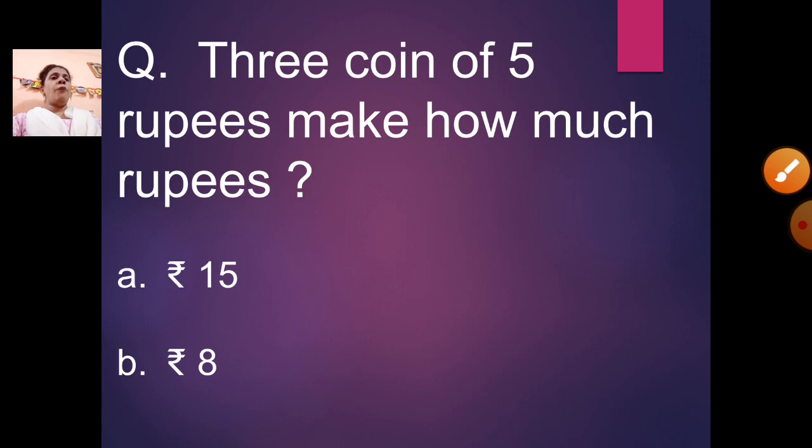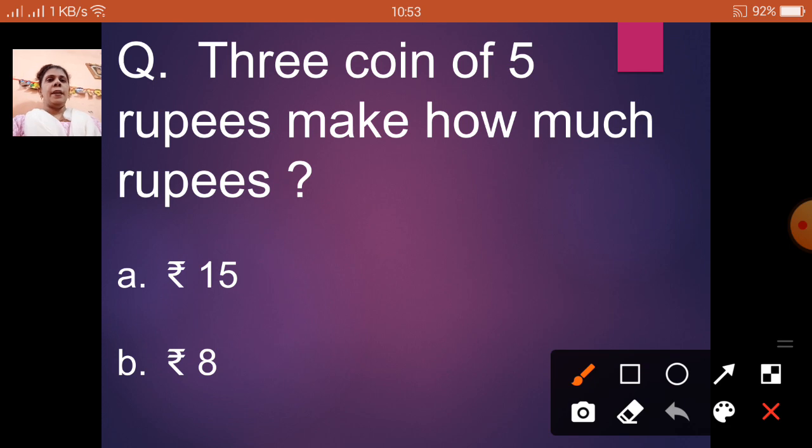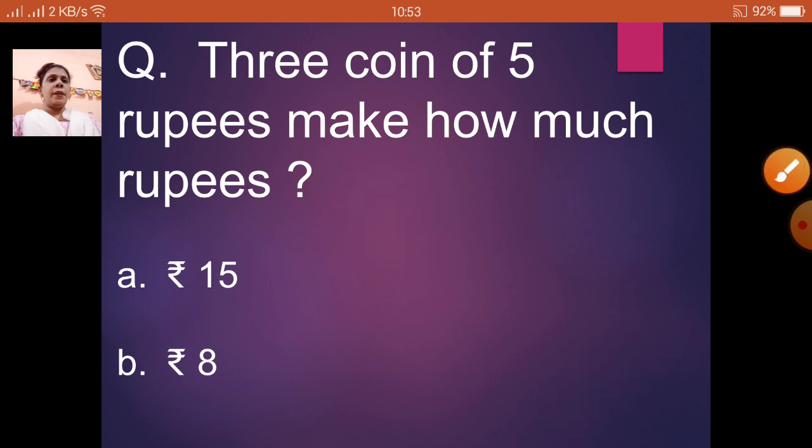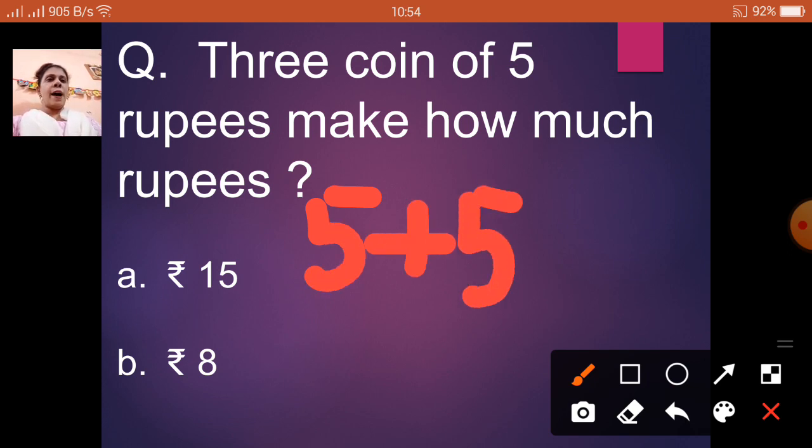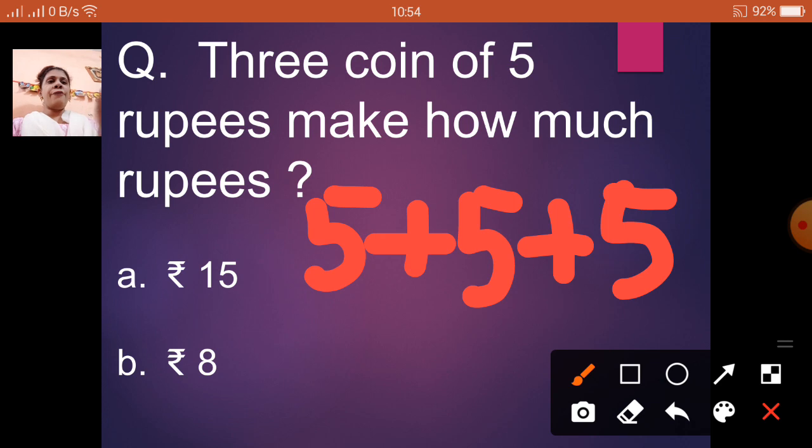3 coins of 5 rupees make how many rupees? Option A, rupees 15. Option B, rupees 8. Now here children, I am having 3 coins of 5 rupees. So what I am going to do is 5 plus 5 plus 5.